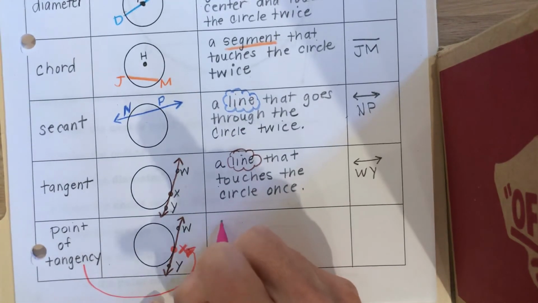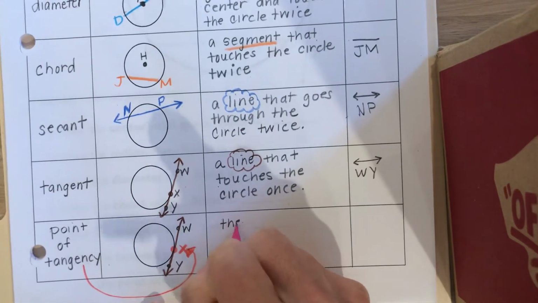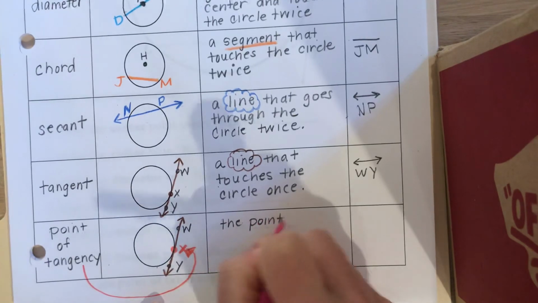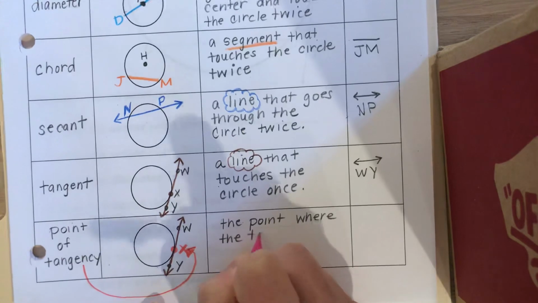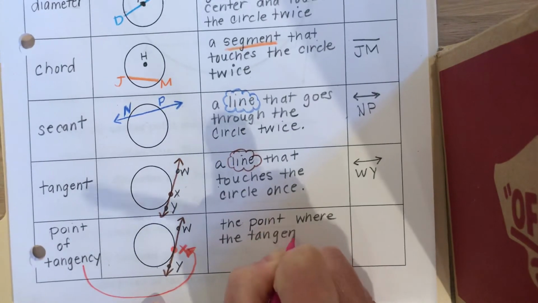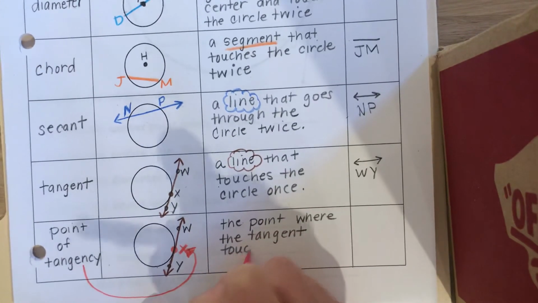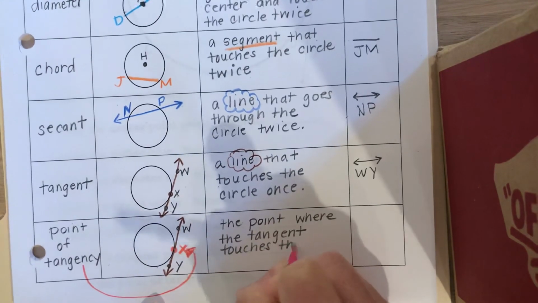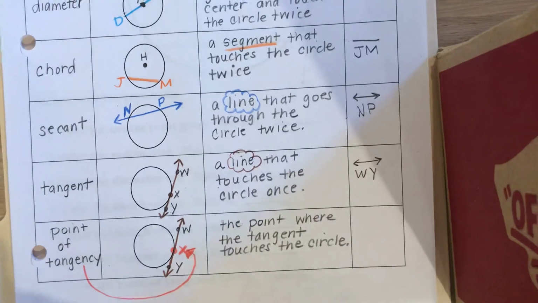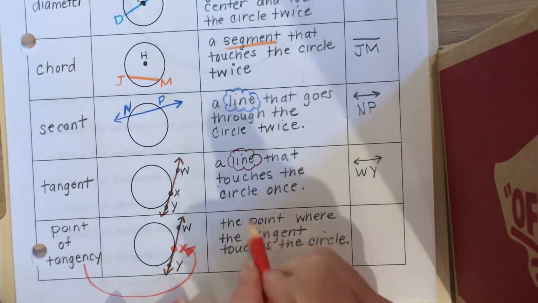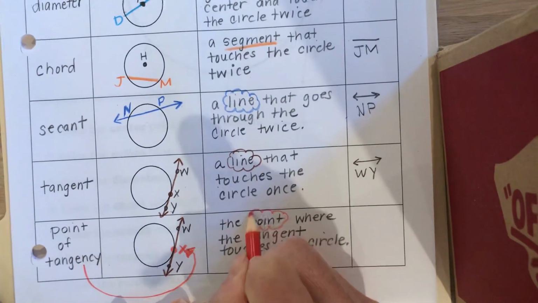So a point of tangency is the point where the tangent touches the circle. So a point of tangency is a point.